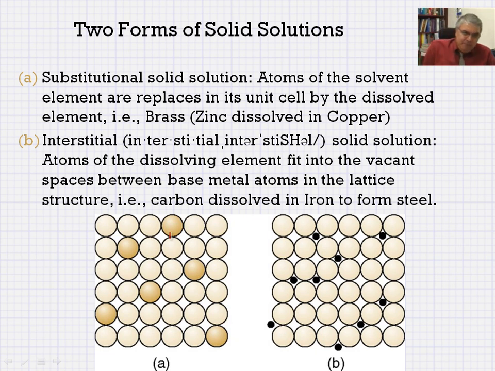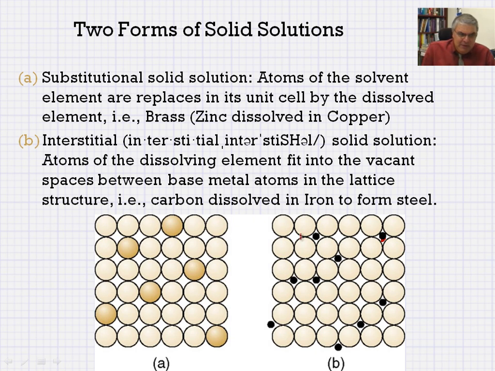However, in interstitial, right? Remember that word, interstitial. The interstitial solid solution is another type of a solid solution. In that case, the atoms of the dissolving element would find the vacant spaces between the base metal atoms, and they're going to sit there as shown here.